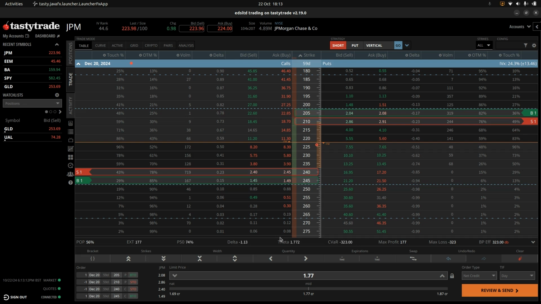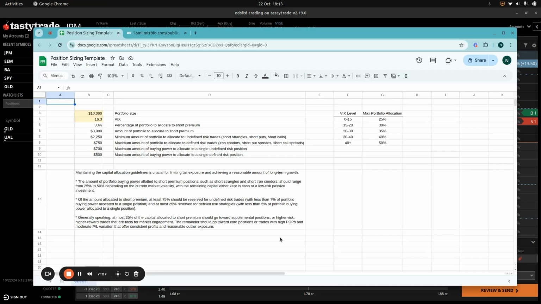In addition to this, you do want to keep in mind the sizing of your positions relative to your overall portfolio, because it doesn't matter what you do, eventually something will go wrong, and if your sizing is wrong, it can take you out, especially if you're using naked positions, because with naked positions, margin expands. So what we've done is we've created a position sizing template spreadsheet here, and the way it works is very simple.